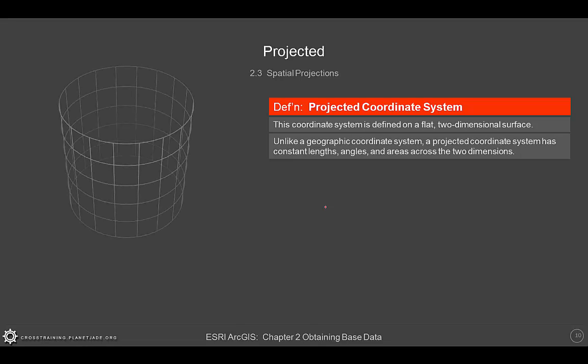So again, taking a look at our cylinder, our origin is going to be in the middle. Some point, which is referenced on the surface of the cylinder, can be located using this particular coordinate system.